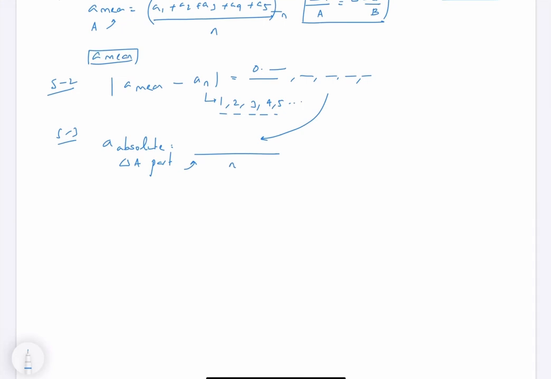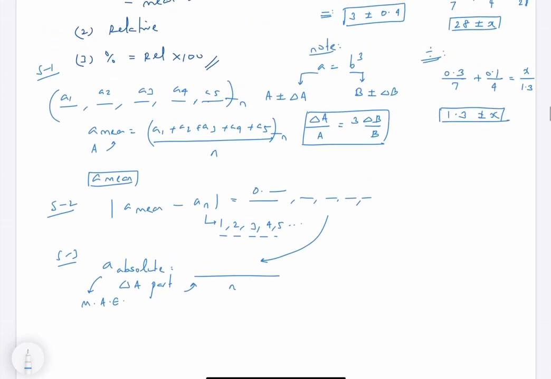Then about relative error, I already told you, which is nothing but the mean absolute error to the mean value of the quantity. This is actually called the mean absolute error, delta A by A. That's what is actually called the relative error.